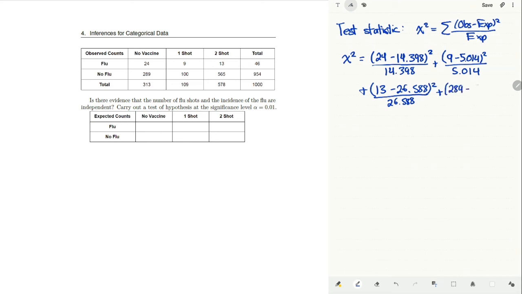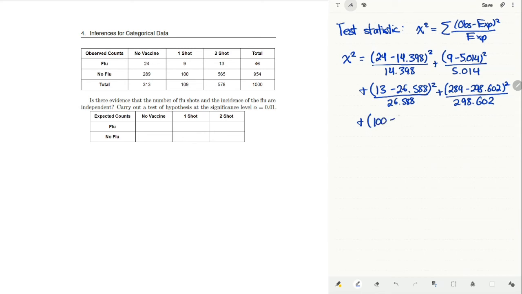We expect 298.602. Then we add this to the one shot and the no flu group. We observe 100.